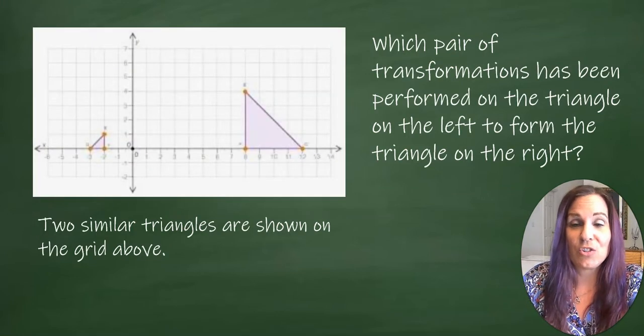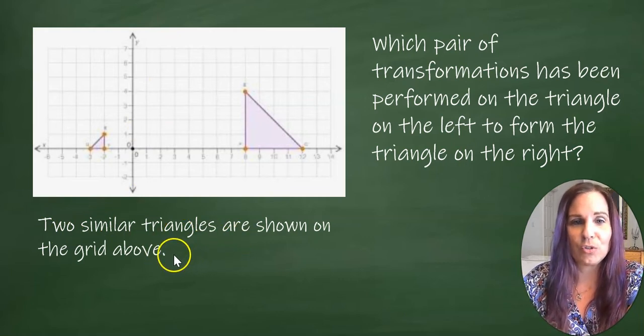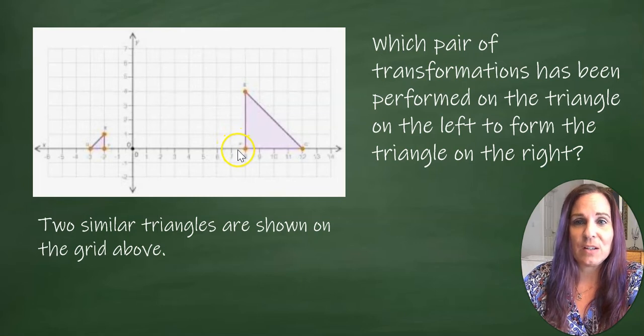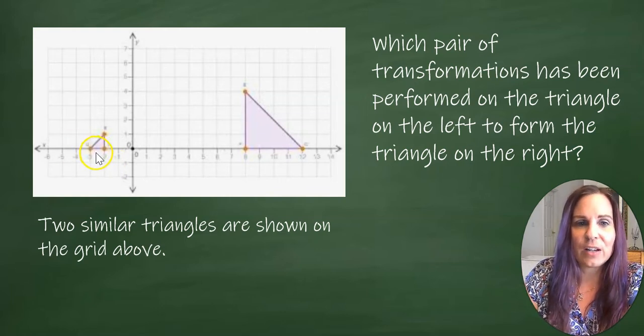Which pair of transformations has been performed on the triangle on the left to form the triangle on the right? Okay, and we're given down below that 2 similar triangles are shown in the grid above. So we've got 2 similar triangles. What pair of transformations has been done to the triangle on the left? Well, first, let's look at the size. The base of this triangle is 1, and the height is also 1.